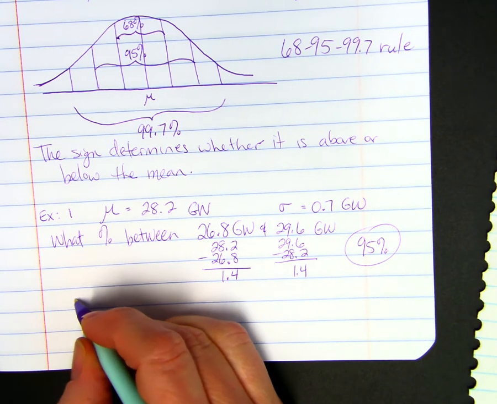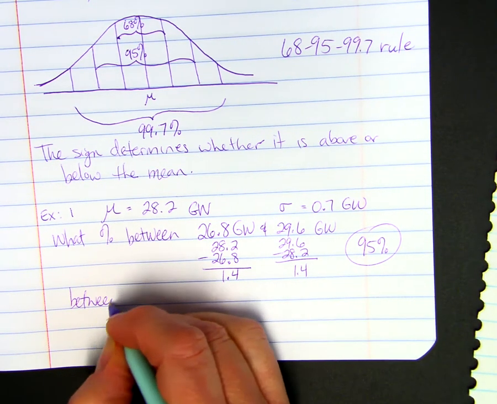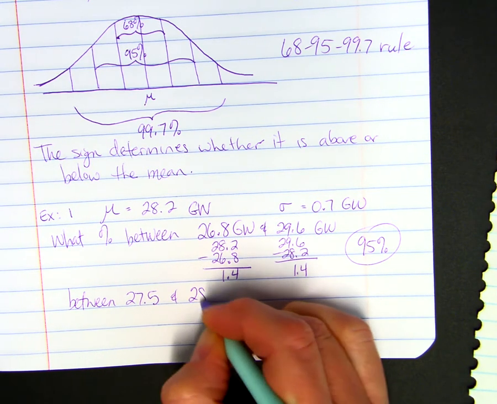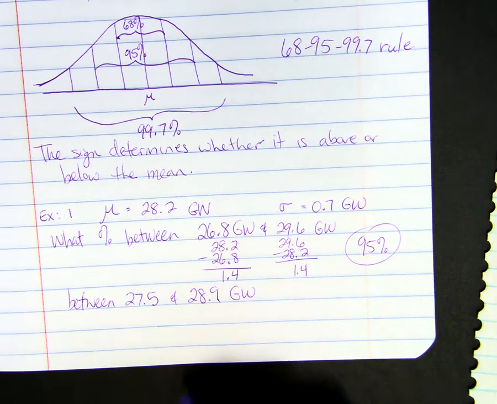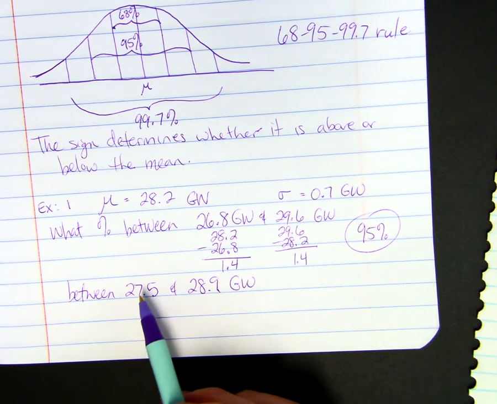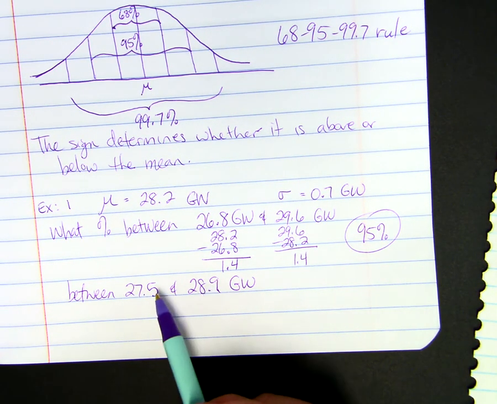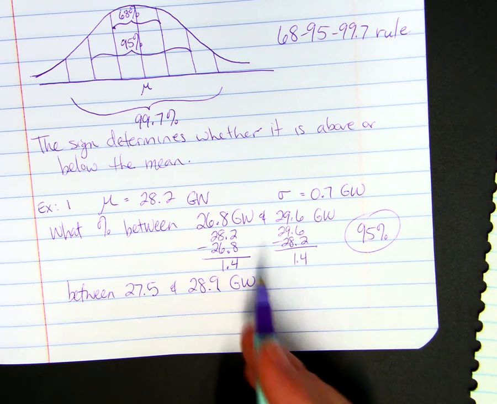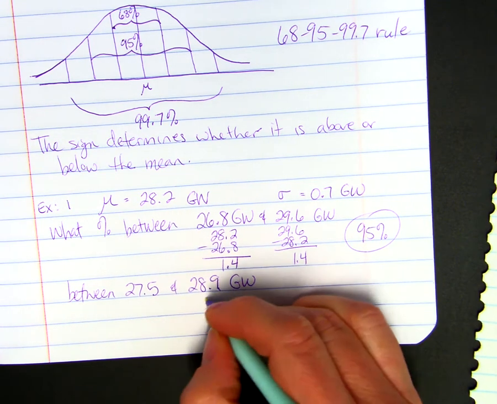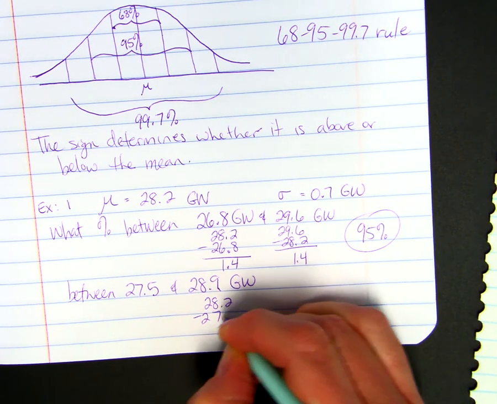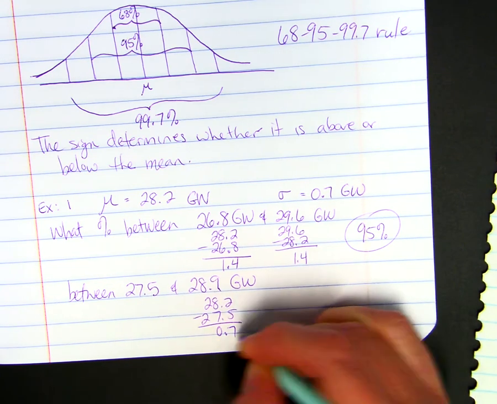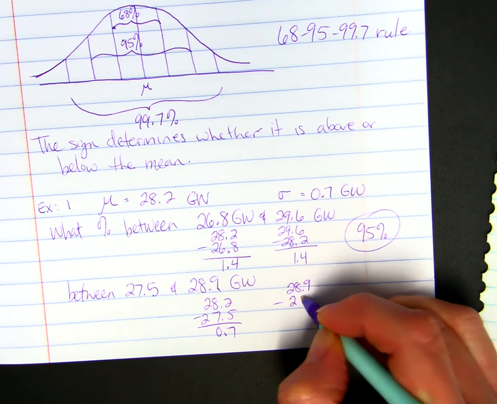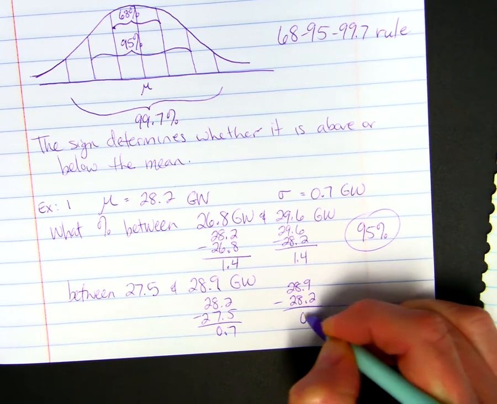What if it was between 27.5 and 28.9 gigawatts? Again, we would subtract from the mean. 28.2 minus 27.5 gives you 0.7, and 28.9 minus 28.2 gives you 0.7.